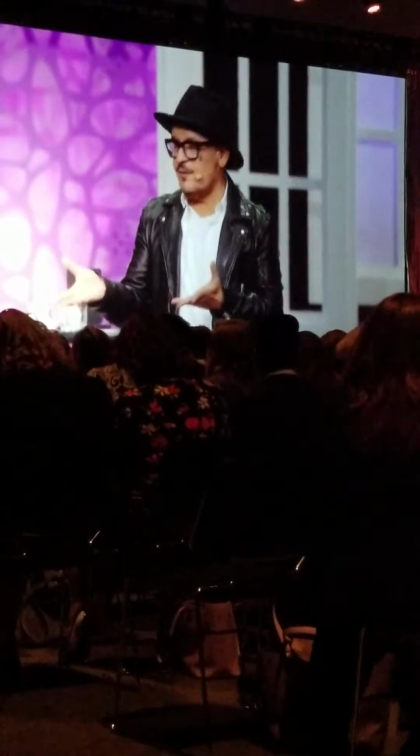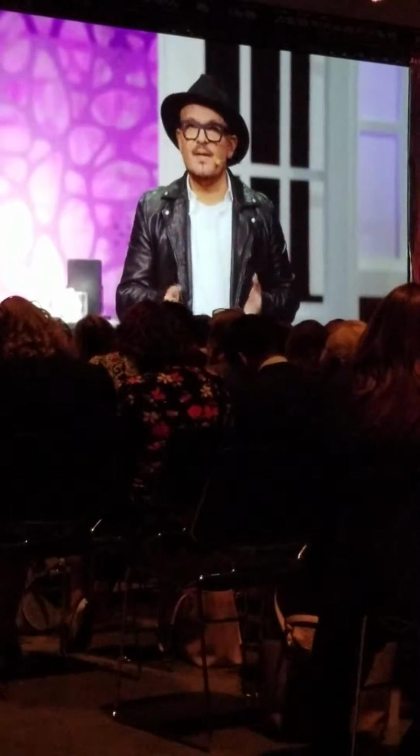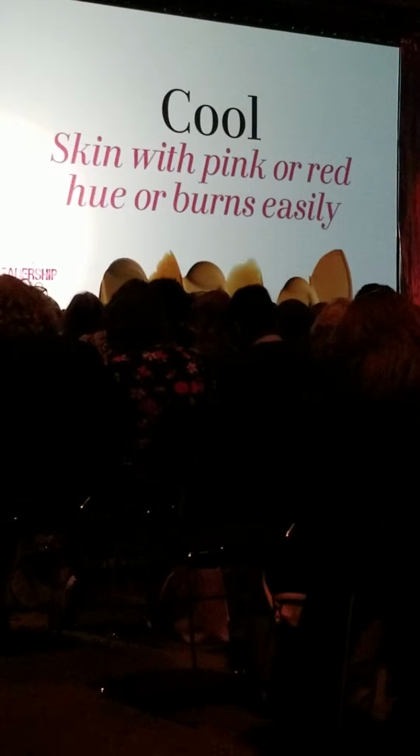That's pretty easy to figure out. And ask if she tends to burn easily. In that case, she's a cool undertone. So remember, if she burns easily, if her skin is pink, then she's a cool undertone. If her skin appears yellow or she tans easily, then she's, let's guess, a warm undertone.